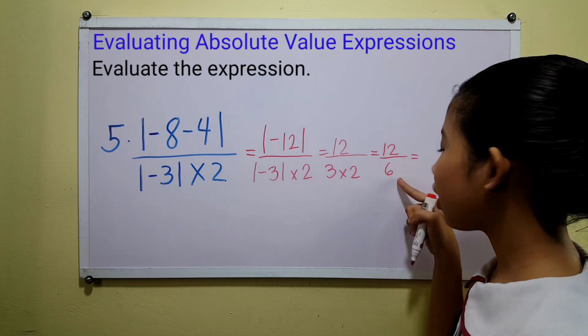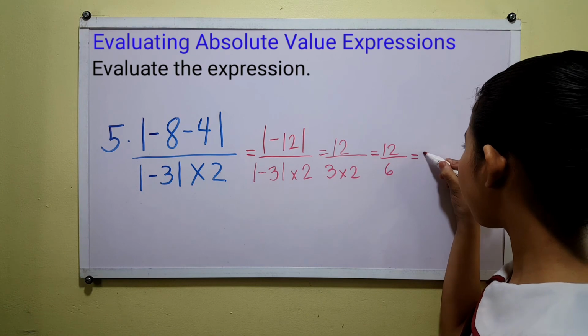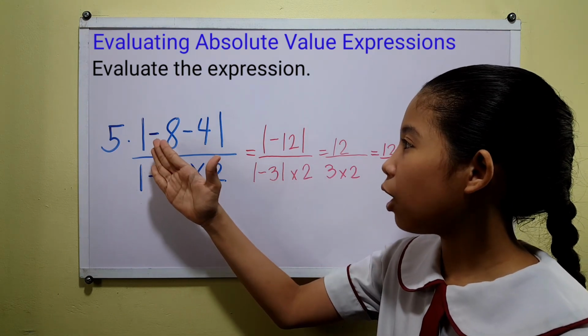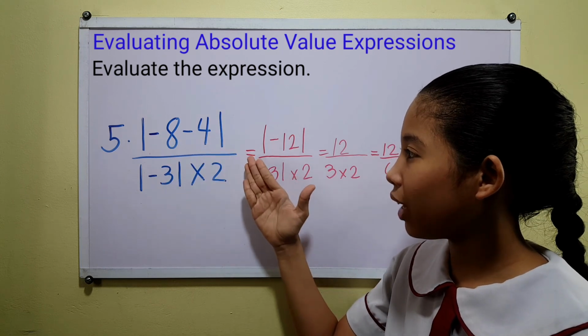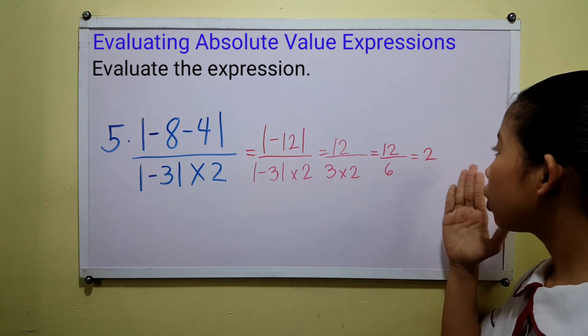And 12 divided by 6 is equal to 2. So the answer to the absolute value of negative 8 minus 4 divided by the absolute value of negative 3 times 2 is equal to 2.